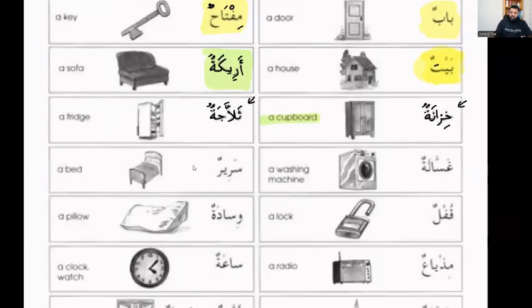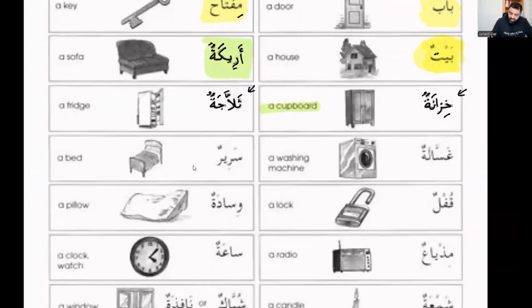Okay, good. Next one is a washing machine. Ghassalatun. Good. Male or female? Female. Good. Next one. Is it sariyarun?